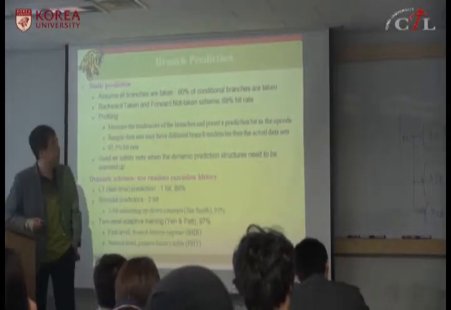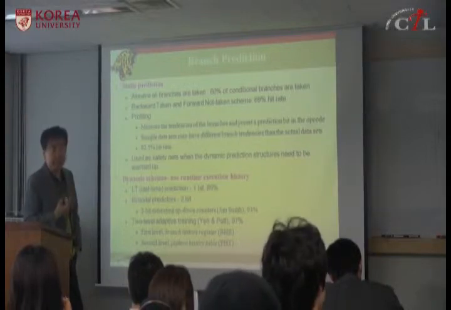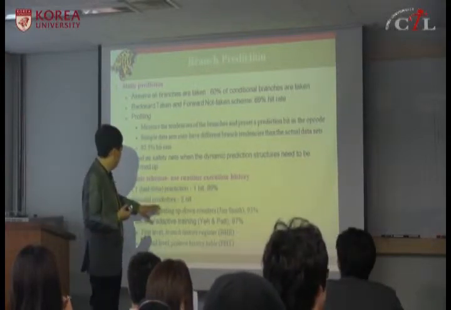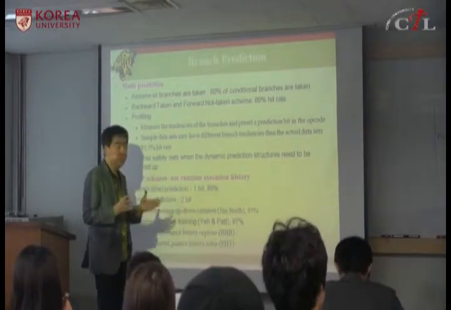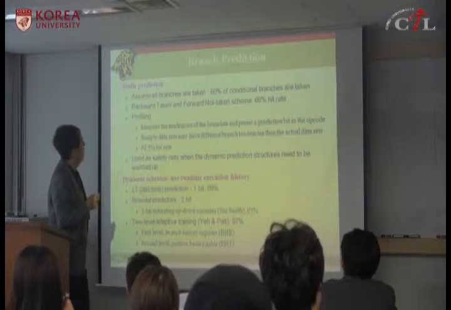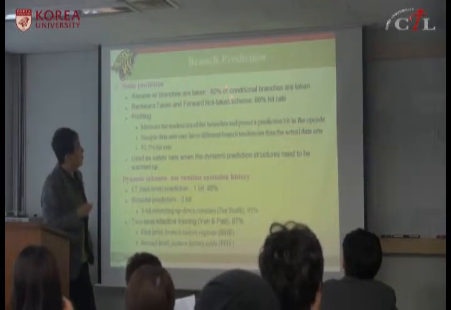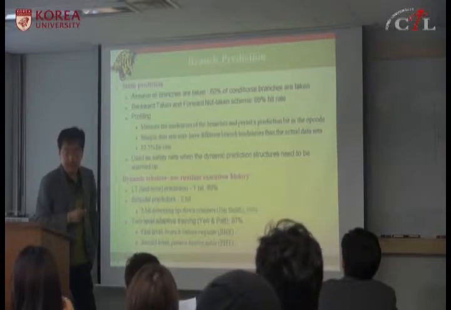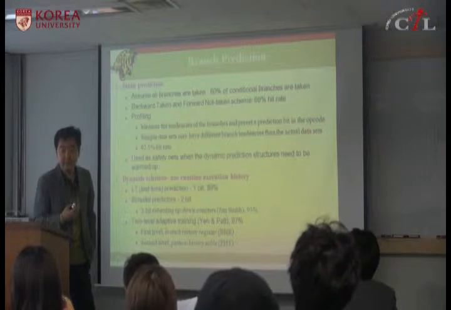For conditional branch prediction, we can use several different schemes. So we have reviewed this bimodal predictor, which gives you about 93% accuracy. In general, 60% of conditional branches are taken. So there are more taken branches than not taken branches.